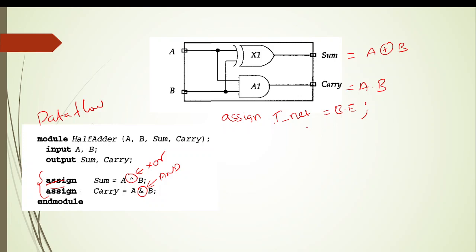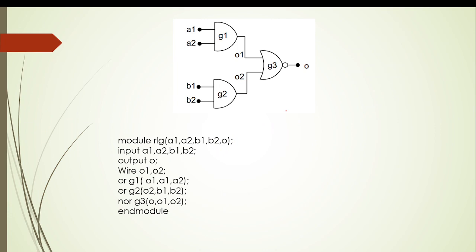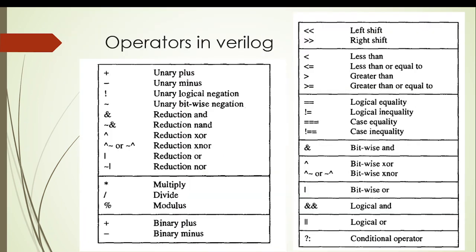I'll show some of the symbols which I can use for Dataflow modeling. These are the operators in Verilog, and these are all the operators I can use for writing the program in Dataflow modeling. Here this is for AND operation and this is for NAND operation.